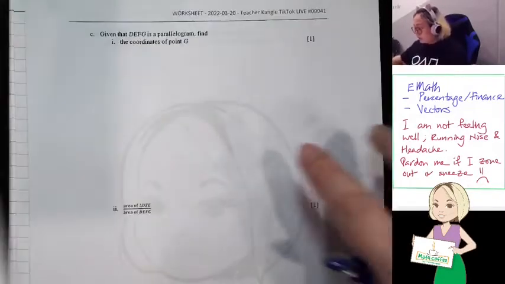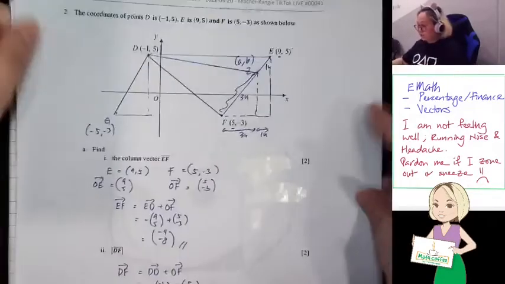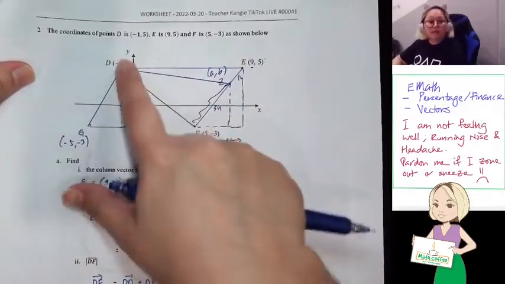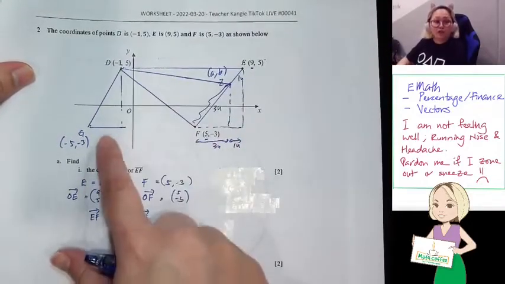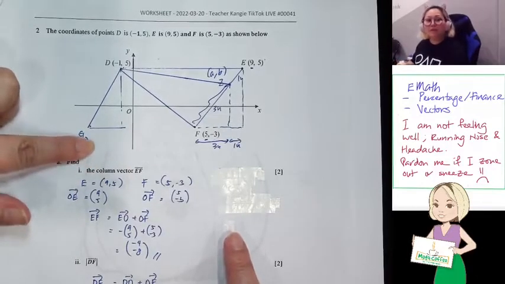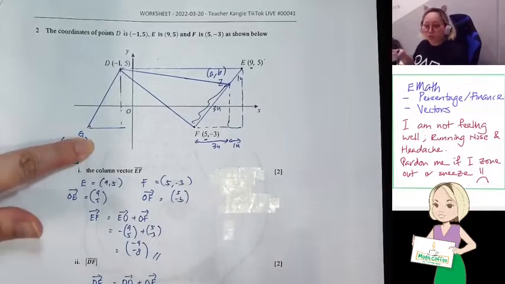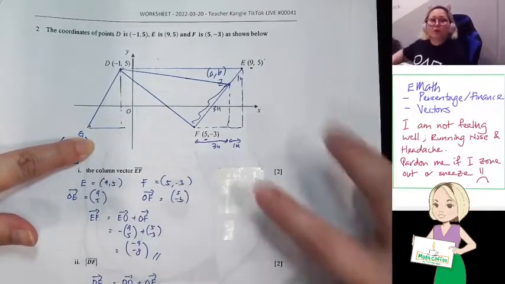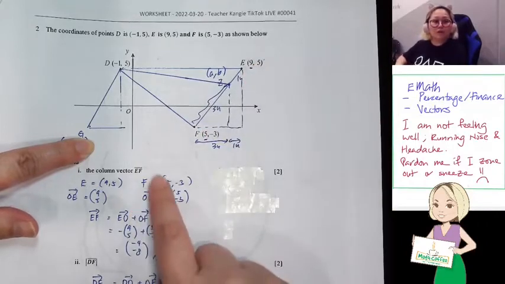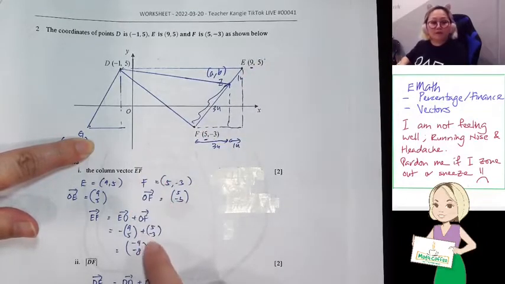So now they want G. So D, E, F, G, if you follow the flow of the alphabet, D, E, F, so I know my G is here. Of course this G is not supposed to be there first. So G now is unknown. We already know what is our EF, correct? Because this part, we already found EF here.